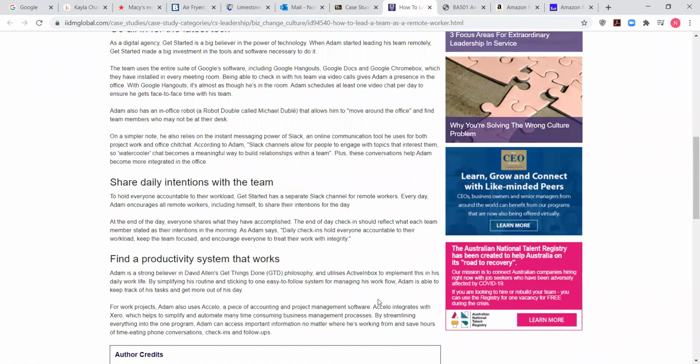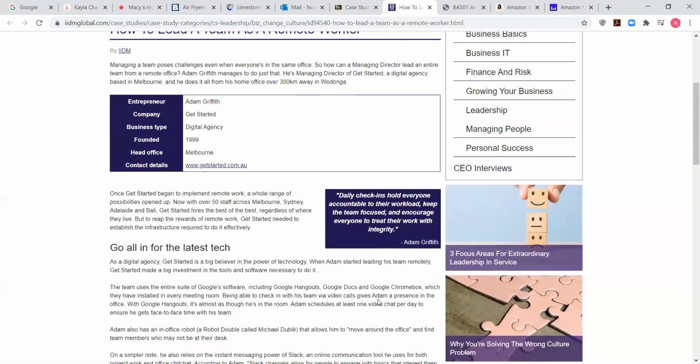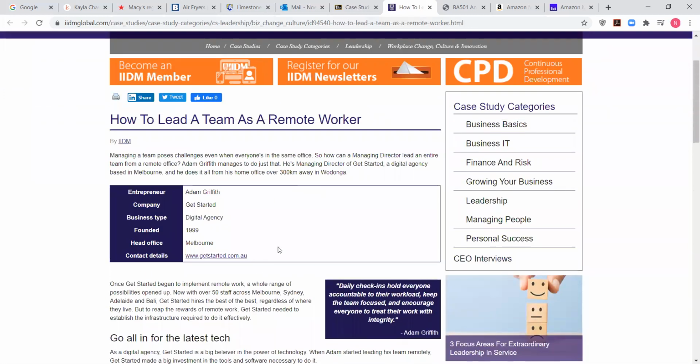You're going to take a look at this and ask, where do you start? This is a real company, and this is before COVID, obviously, but the situation really applies now. The team manager used to be in the same office every day, but now the team has to run a remote office.